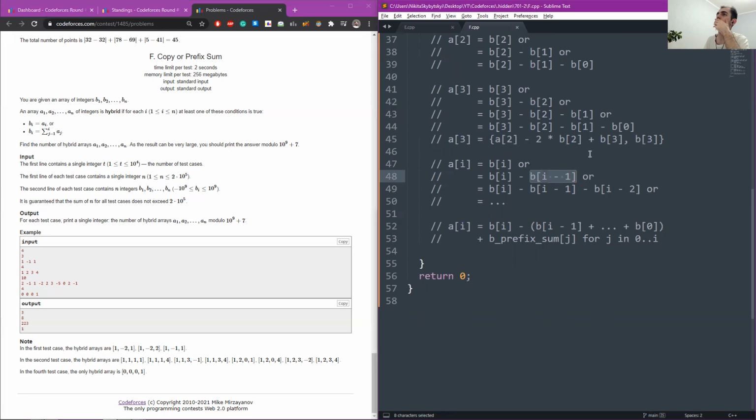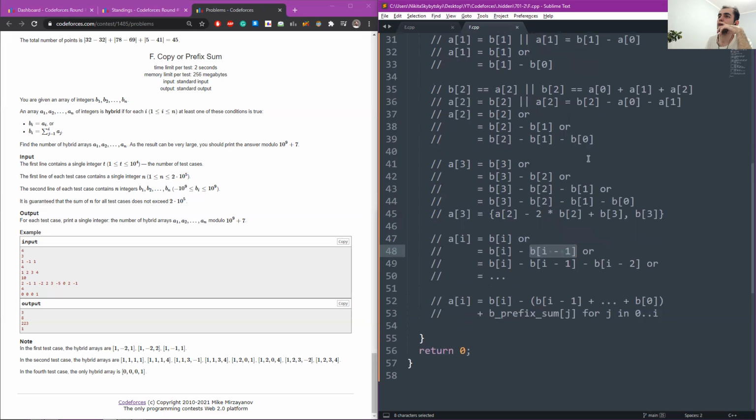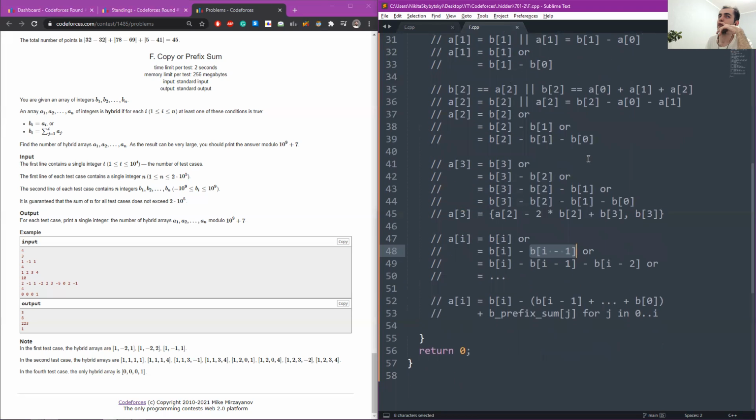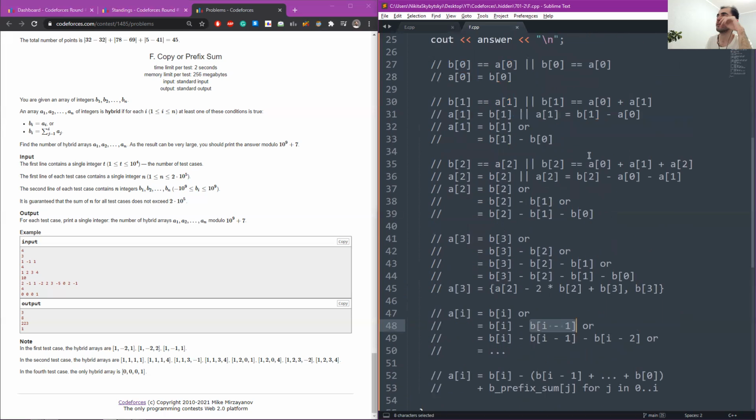The point is that this is different. Because this is different. Okay. So if A1 is equal to this, and we get this.